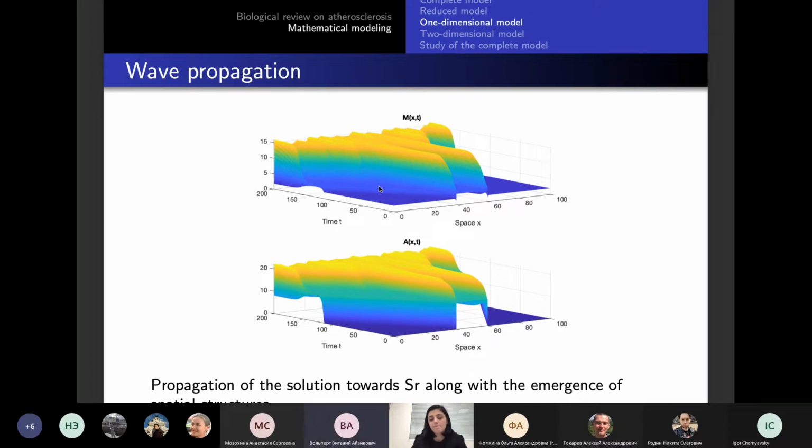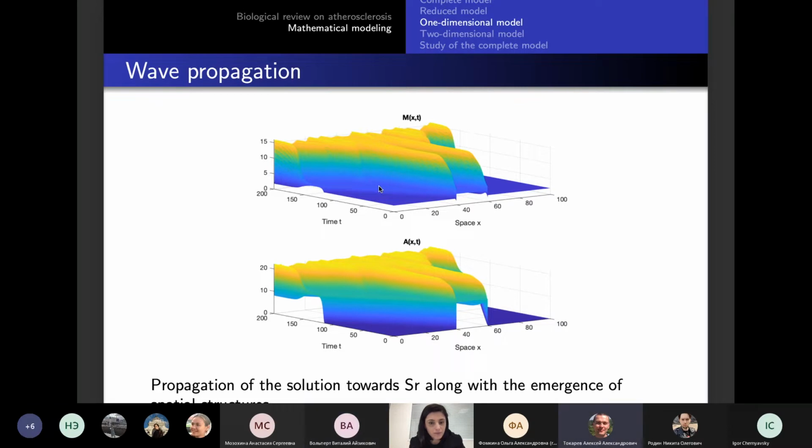Okay, so there is this light blue area, the SR state, that can be seen here. If we look at time t equals 200, then after the front we see great oscillations, from 15 to say 5, I don't know.